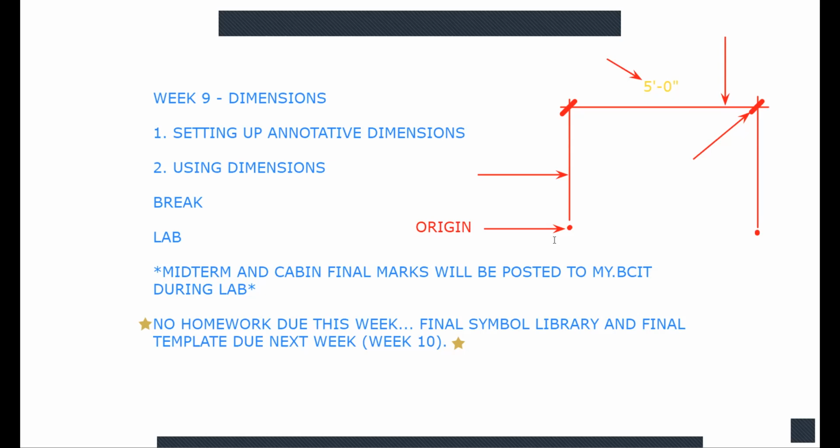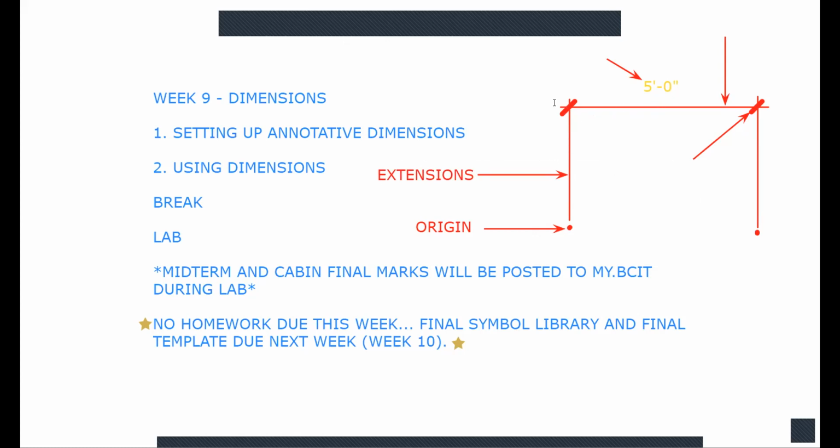So it creates a point object, which it uses to control the placement of the dimension object. So that's called the origin. The lines that extend perpendicular to the object, the lines that extend upwards, are called the extensions. That makes pretty good sense.